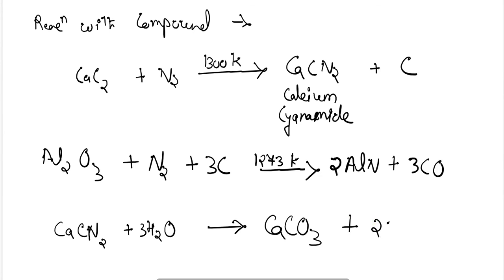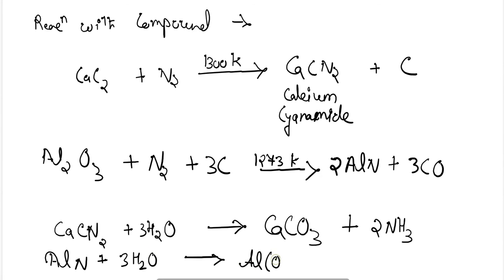Similarly, when aluminium nitride is hydrolyzed, it produces aluminium hydroxide plus ammonia. These are some of the reactions we observe for nitrogen with different kinds of compounds.